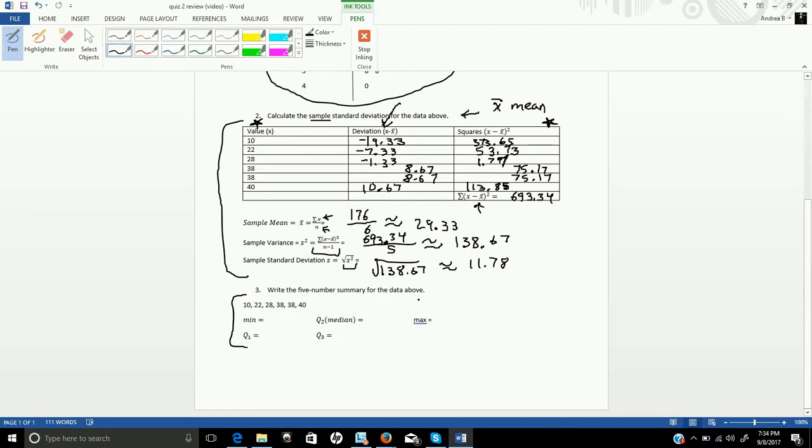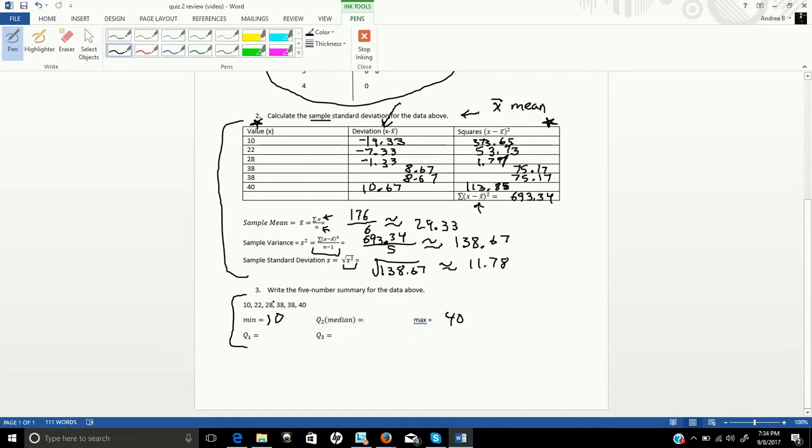And then remember to find your Q2, that's what you would want to do next. You need to figure out the middle number of this set. So here, if we count, we have 10, it is 1, 2, 3 away from the bottom to get to the 28. If we go from the 40 on down, if we go down 3, we get to 38. So that means we have two middle numbers here in this case.